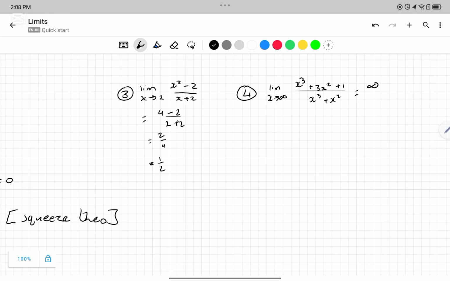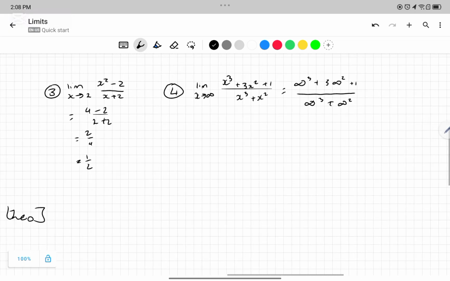You have infinity cubed plus 3 infinity squared plus 1 all over infinity cubed plus infinity squared, which is equal to infinity all over infinity. I know the answer, it's 1. No, it's indeterminate.